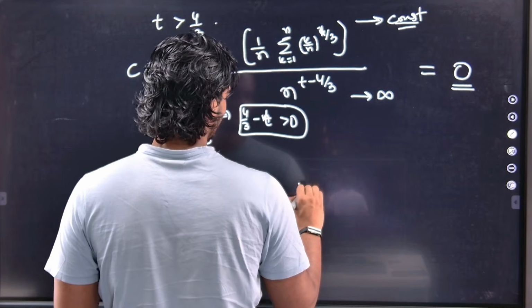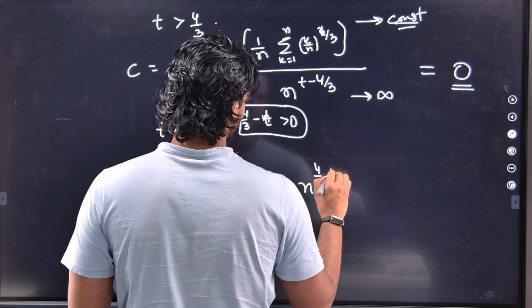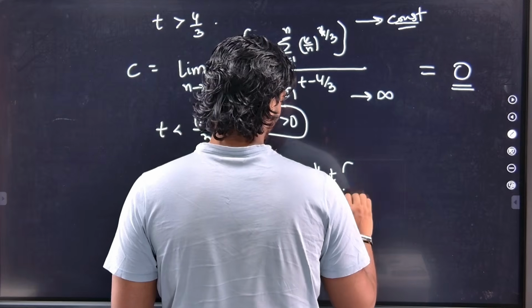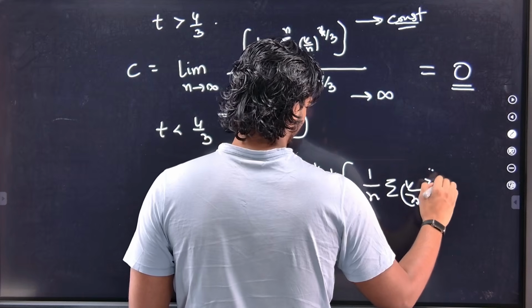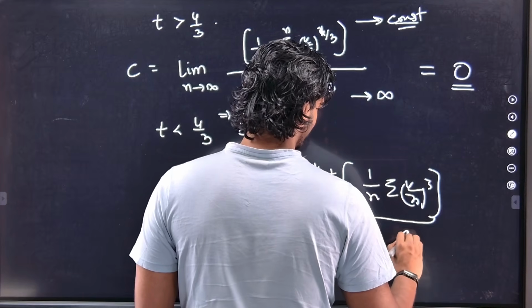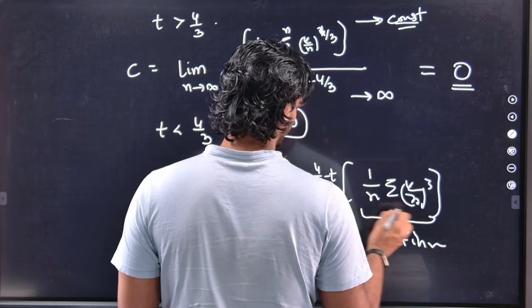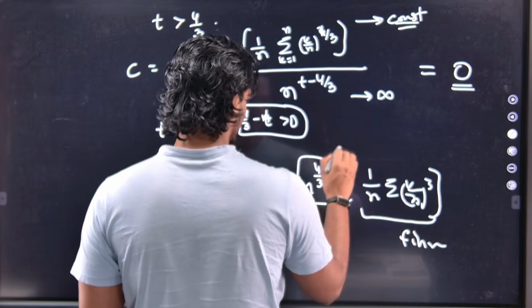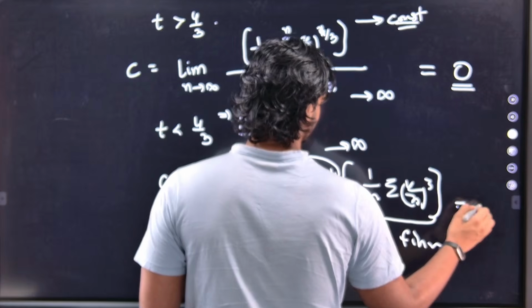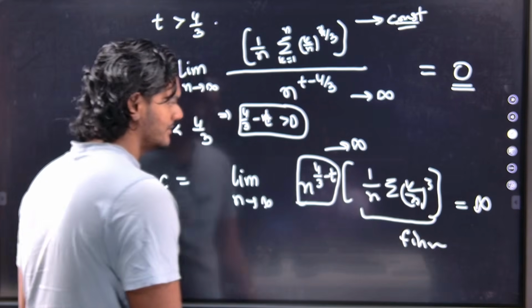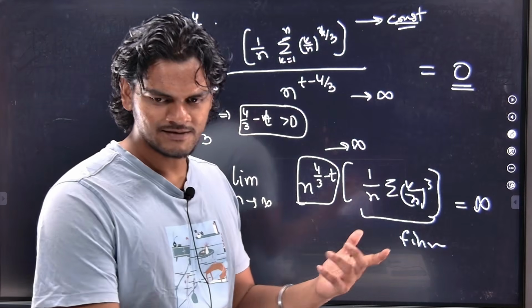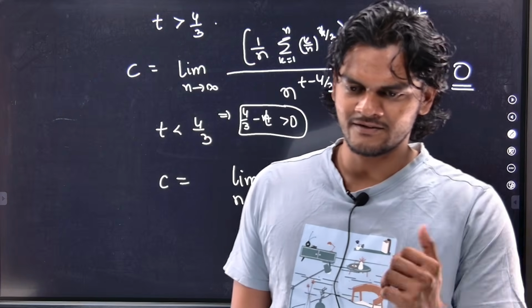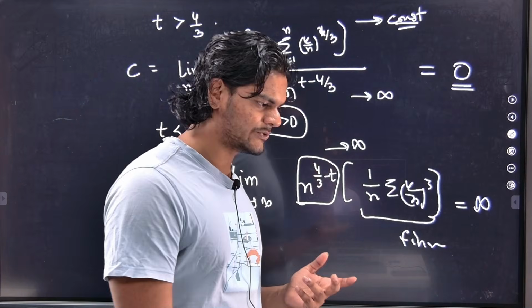Then c is limit n tends to infinity of n power 4 by 3 minus t into the whole thing, 1 by n summation k by n whole power 1 by 3. Now this part tends to a finite quantity, but n power 4 by 3 minus t tends to infinity. So this will be infinity. So you know for which case what will be happening. This is a very easy question. I did it in under 5 minutes. You can also do it probably within that.